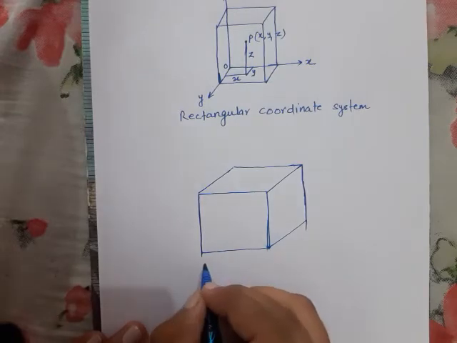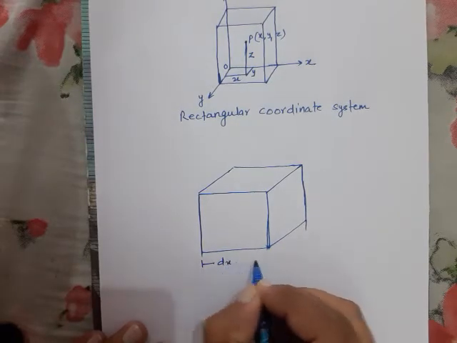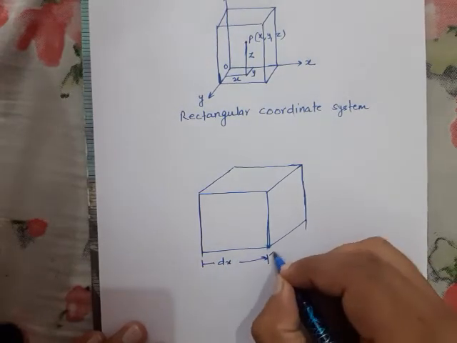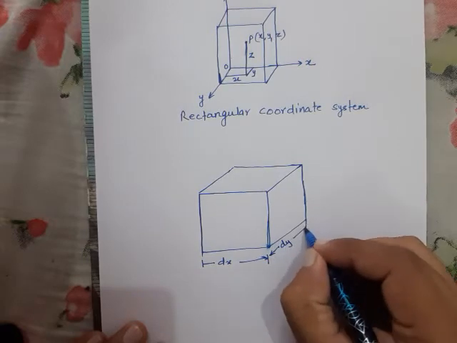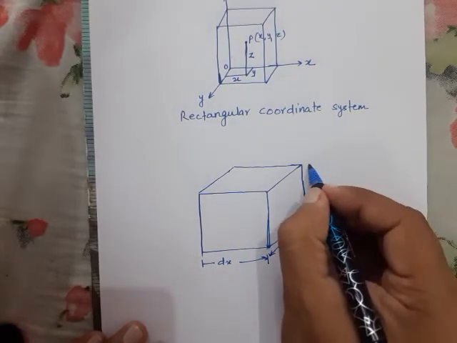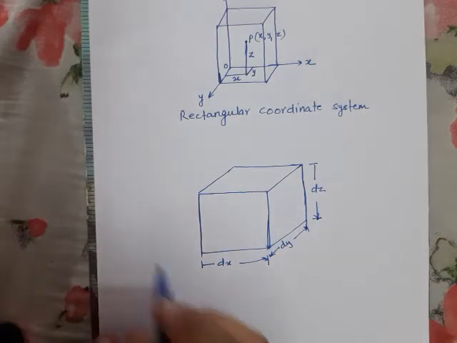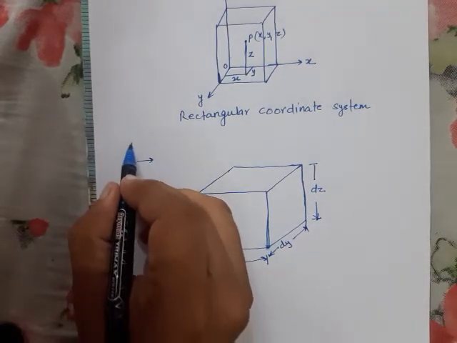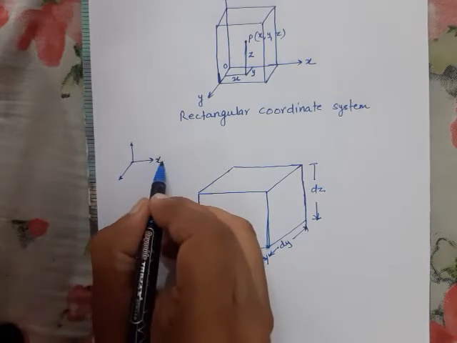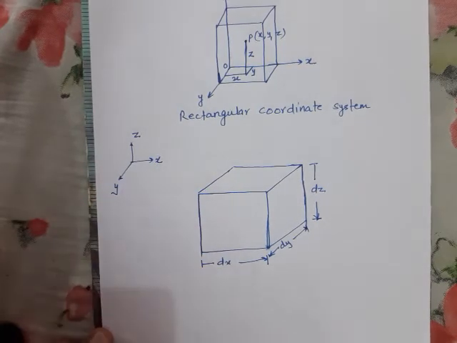It is defined by its dimensions dx along x, dy along y, and dz along z direction. Let me mark the directions separately. This is x direction, this is z direction, and this is y direction.